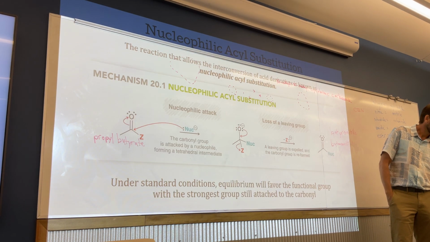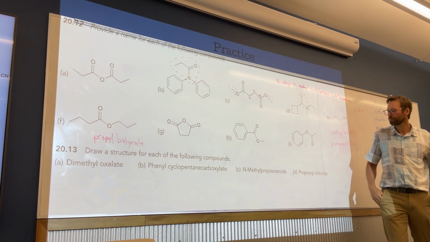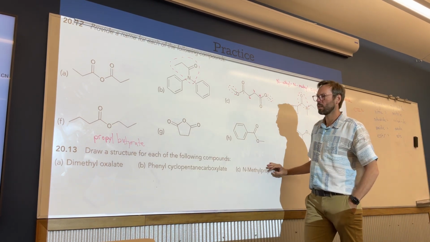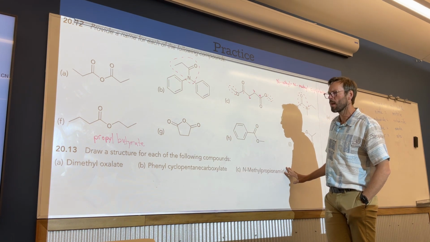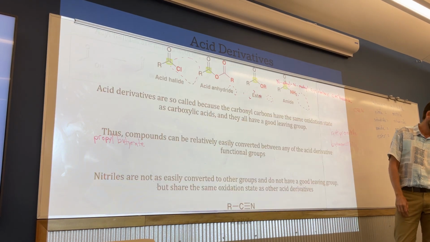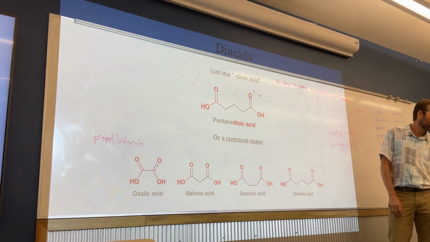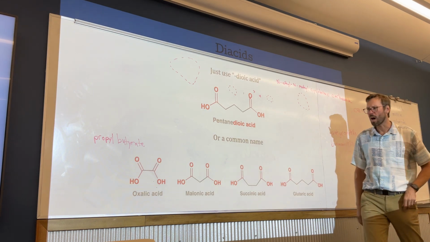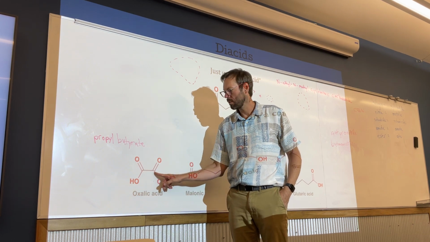Functional groups. Let's skip over this part, unless you want to work on it? Actually, we haven't done any drawing. Let's do a couple of these. Dimethyl oxalate. So, oxalate. Go back. Oxalic acid, right? So 2 carbons.